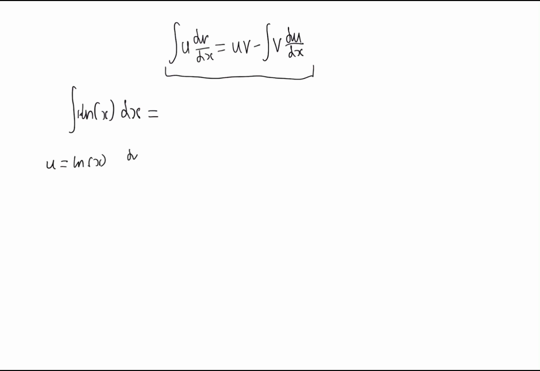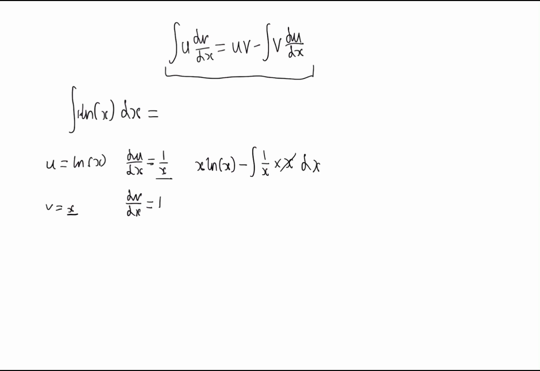That's going to mean du by dx is going to be 1 over x, as ln x differentiates to 1 over x. dv by dx is going to be 1. So v is going to be x. Now putting this into our integration by parts formula, we're going to get x ln of x minus the integral of du by dx, which is 1 over x, multiplied by v.